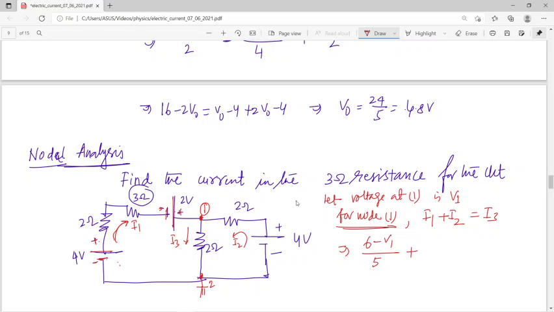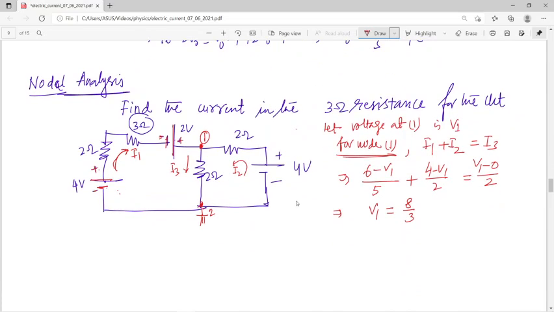For I2, the potential here is 4 volt and here it is V1, so (4 minus V1) by 2, that equals I3. Here the potential is V1 and at the other point it is 0, in ground, so (V1 minus 0) by 2. By solving this single equation we get V1 equal to 8 by 3.